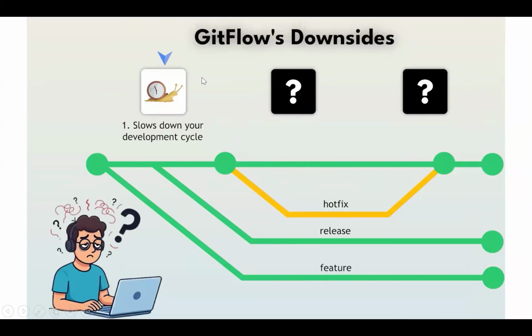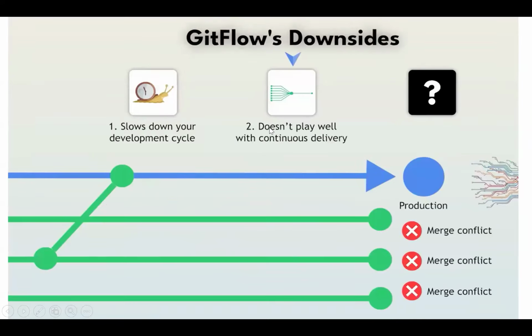But the downside is that it slows down your cycle, right? And it does not play well when continuous delivery is there. It means you have to create a lot of branches, and the delivery gets cluttered, with a lot of merge conflicts you will face.